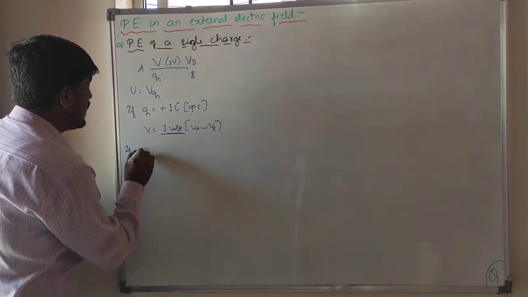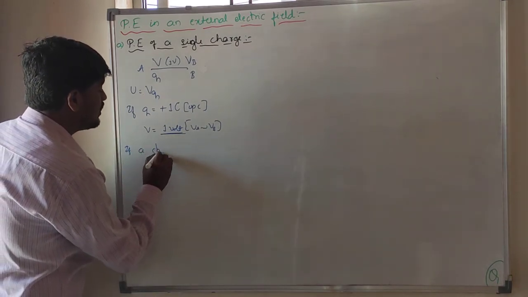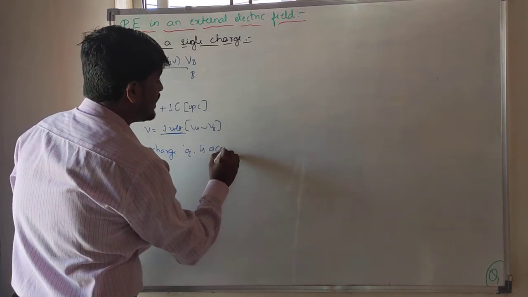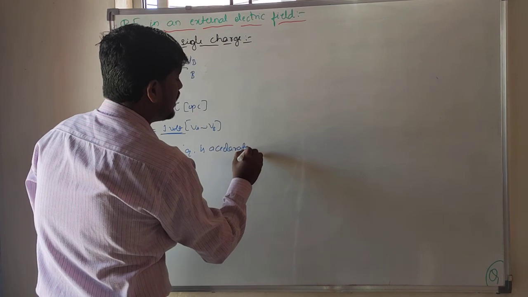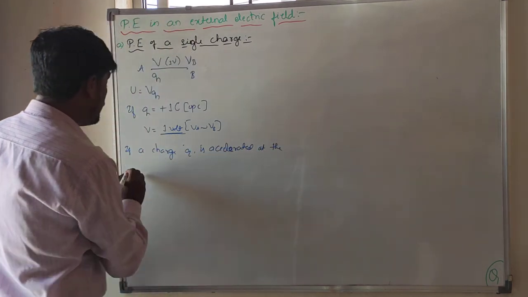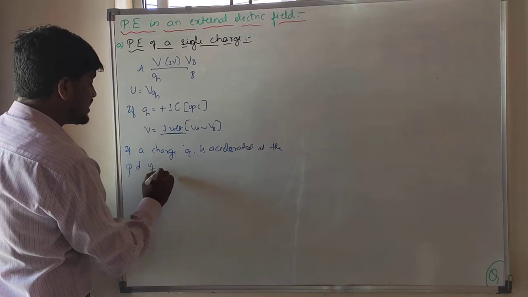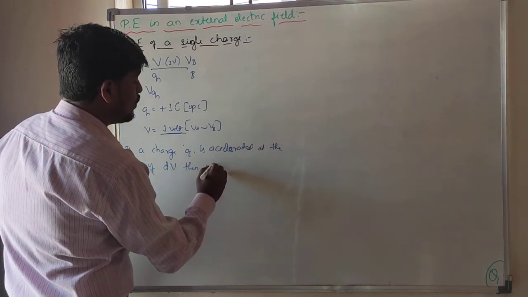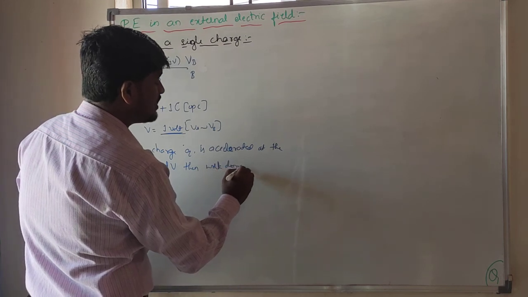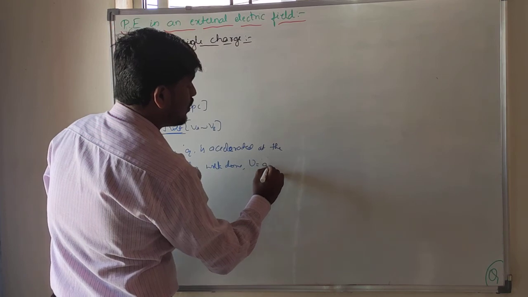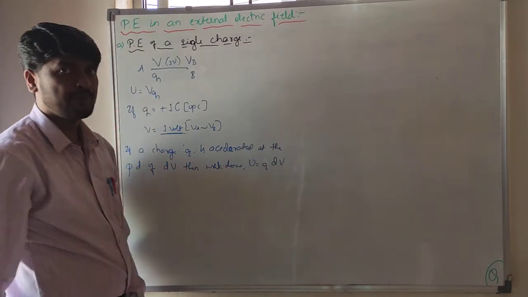If a charge Q is accelerated through a potential difference of dV, then work done, or potential energy U, is equal to Q into dV.